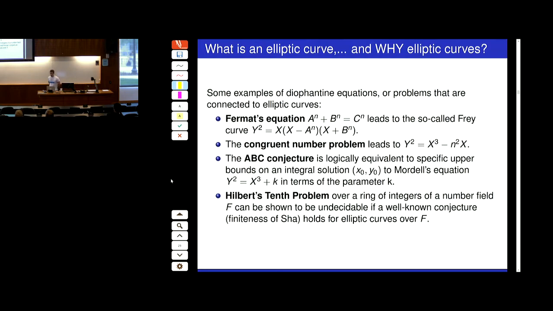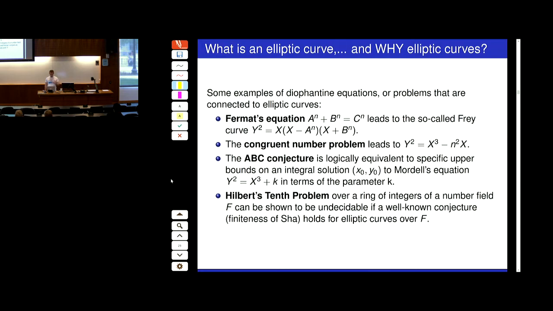Hilbert's 10th problem over Z was proved to be unsolvable by the people I mentioned before. But if you change the ring of integers, it is not solved in all rings of integers. It turns out that if you want to solve it for the ring of integers of a number field, then it can be shown to be undecidable if Sha is finite over that field.